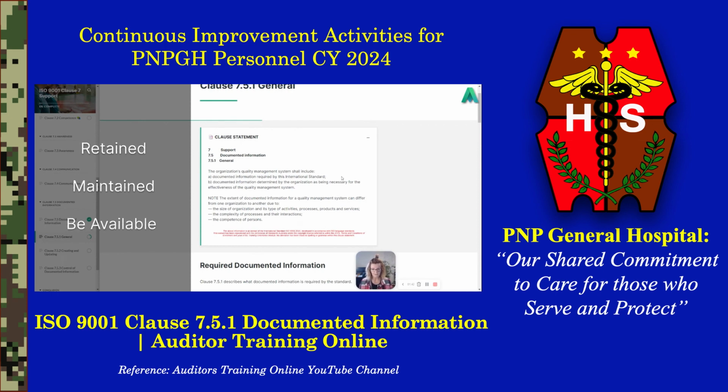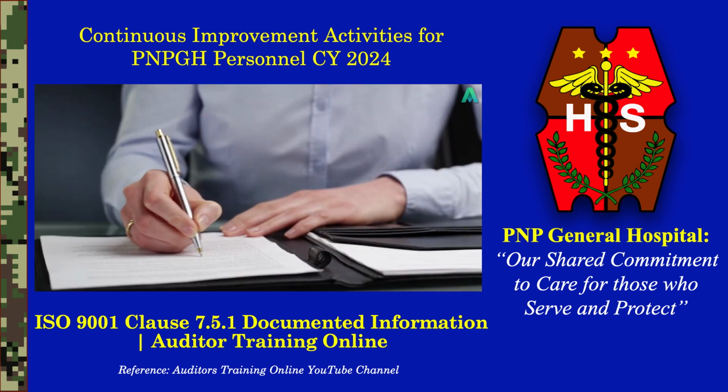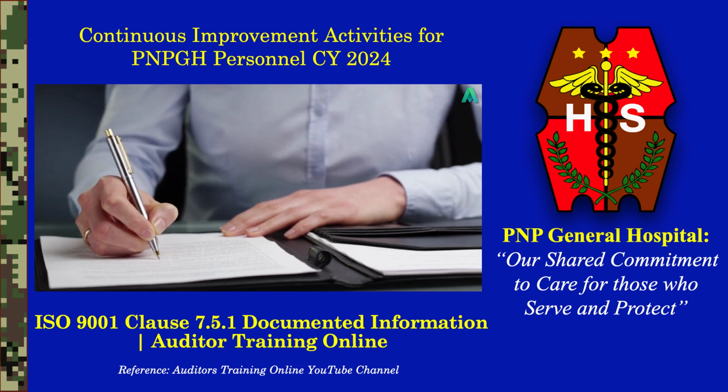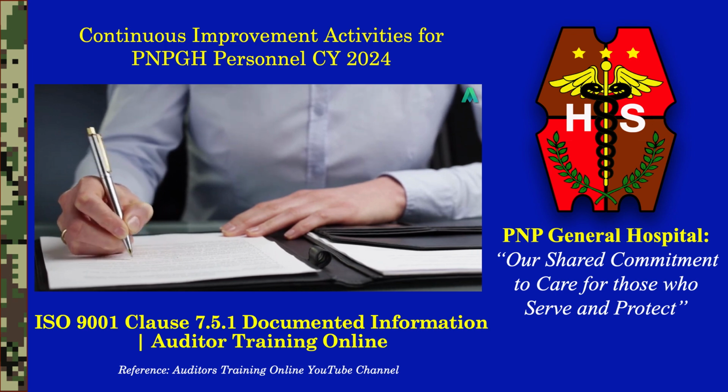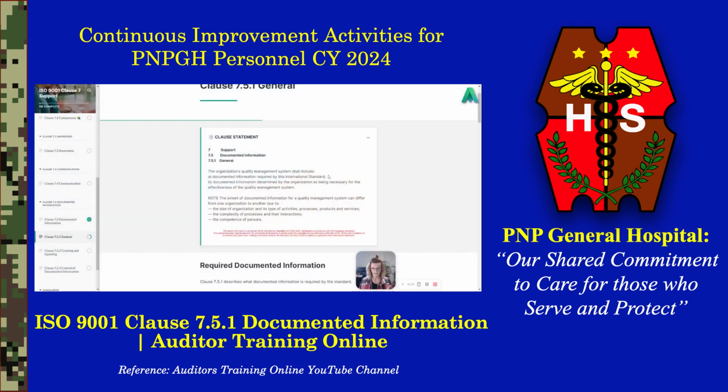It's spelt out for you in the standard. There's quite a few clauses throughout that require documented information. So this is just simply saying, if it says that you need documented information in a clause, you shall include it. It's a requirement.